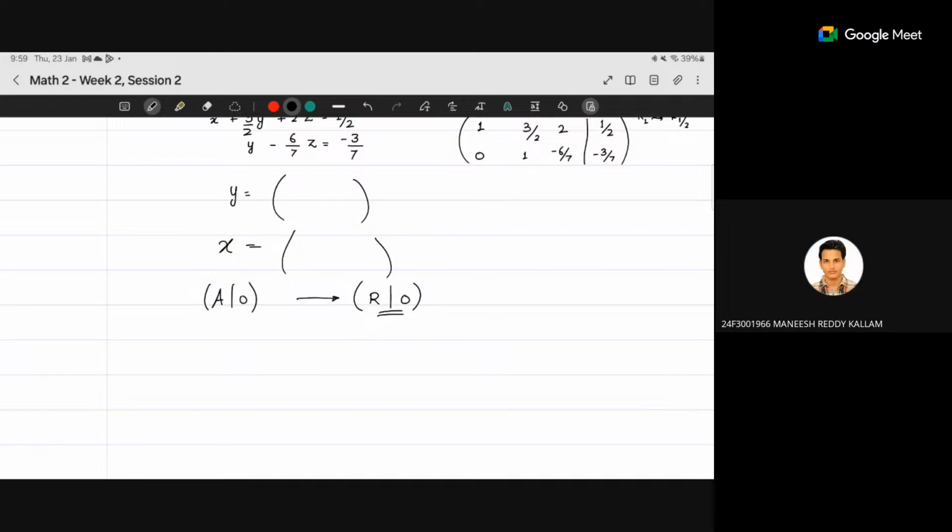Sir, they taught us about trivial and non-trivial solutions. Okay, so if you have a reduced system of 0, 0, 0, and if you have independent variables, then you will. The thing about homogeneous systems of equations, I think you have already seen in the first week, is that they will always have a solution. If you want to solve Ax equal to 0, x equal to 0 is always a solution.